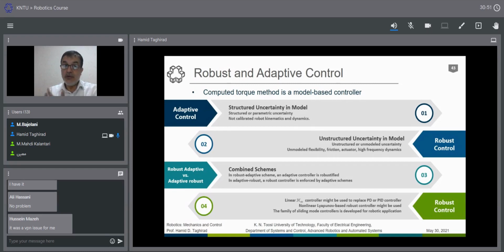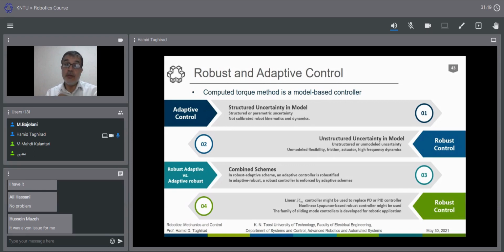But I just want to provide you with the picture of how you can think about it. With robust and adaptive control in general, it is always possible to combine them. If there is some parametric uncertainty and some unstructured uncertainty, you have both of them, and you can use the power of both.